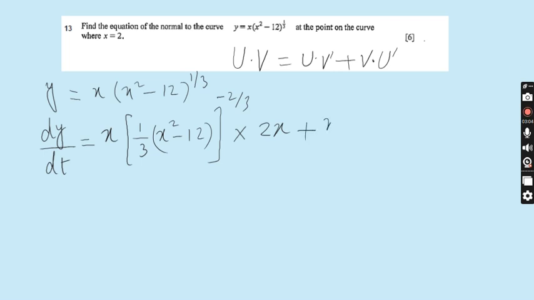Plus v times u dash: (x squared minus 12) to the power 1 upon 3 multiplied by the derivative of x, that is 1. So 2x times x is 2x squared upon 3.